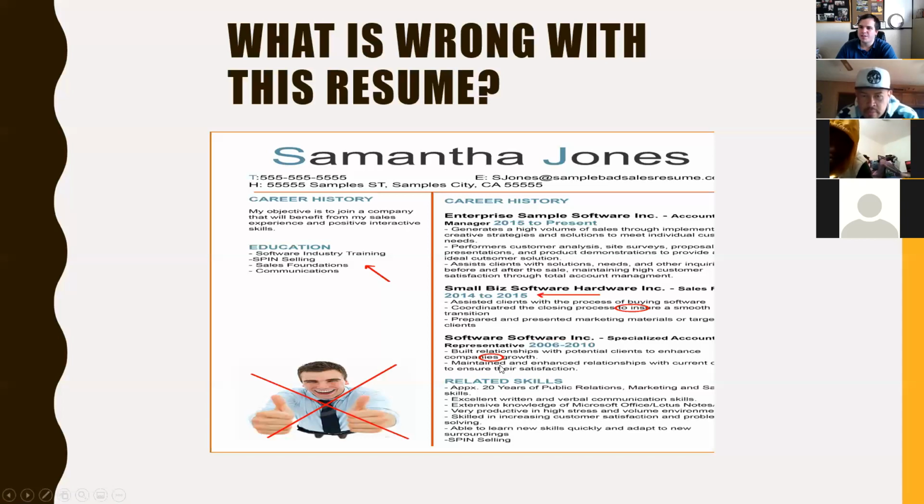The word she spelled there, companies, means plural. What she should have said is company's, with an apostrophe S, the growth of the company, not the companies plural growing. So I think that was a grammar issue.